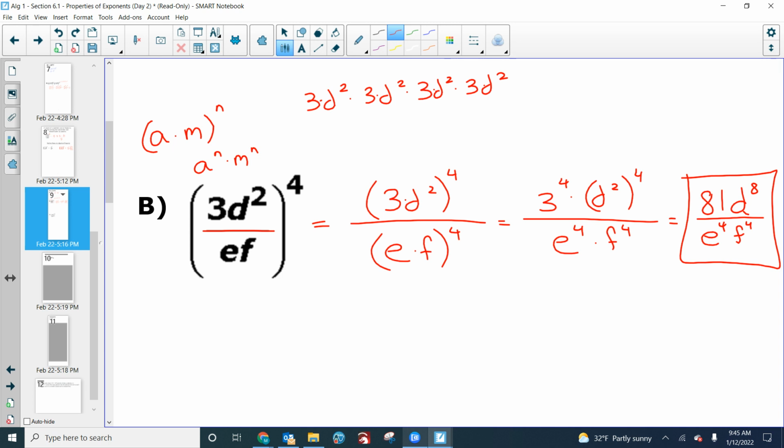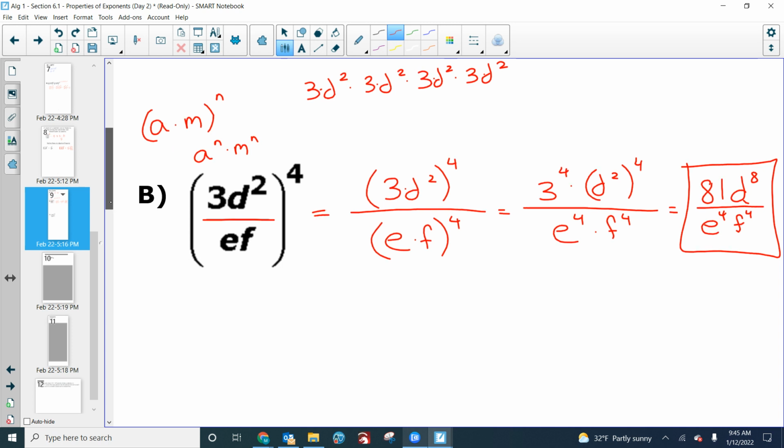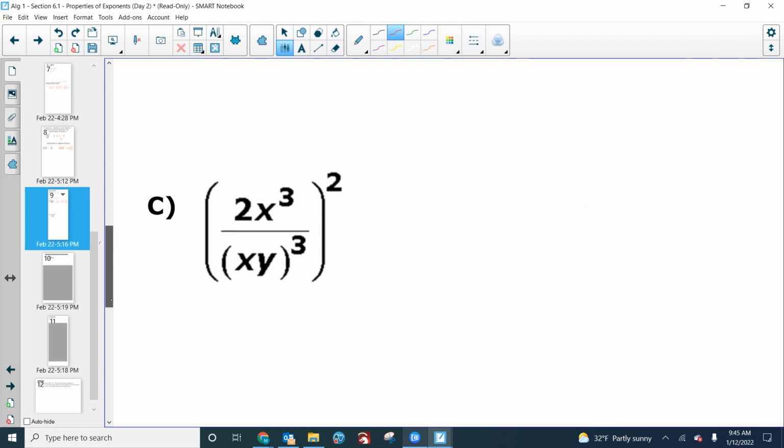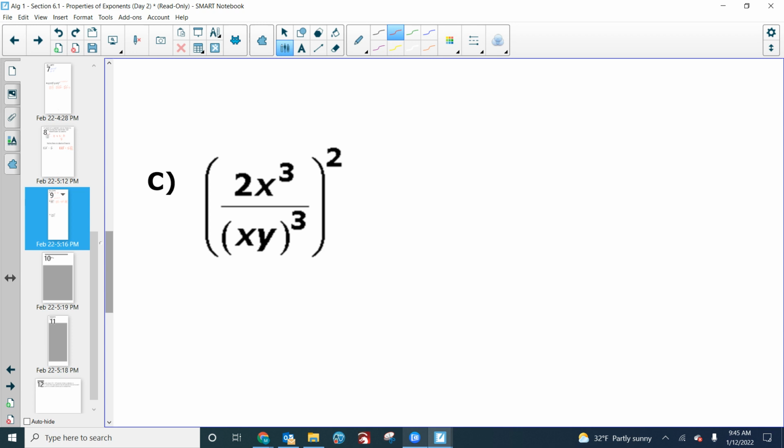D squared to the 4th, d to the 8th. Got it. Mr. Parker, did you have something to add? I think Braden just has to see that there's 2 terms up there, the 3 and the d squared, raised to the 4th.